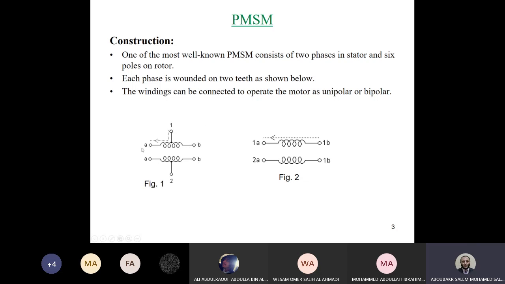So only half the coil is energized. If we wound 2 opposite poles by 1 coil, it's expected that when we have current in this coil we get 2 different poles, N and S. However, in this case, because we have only half of the coil energized, we will have 1 polarity.